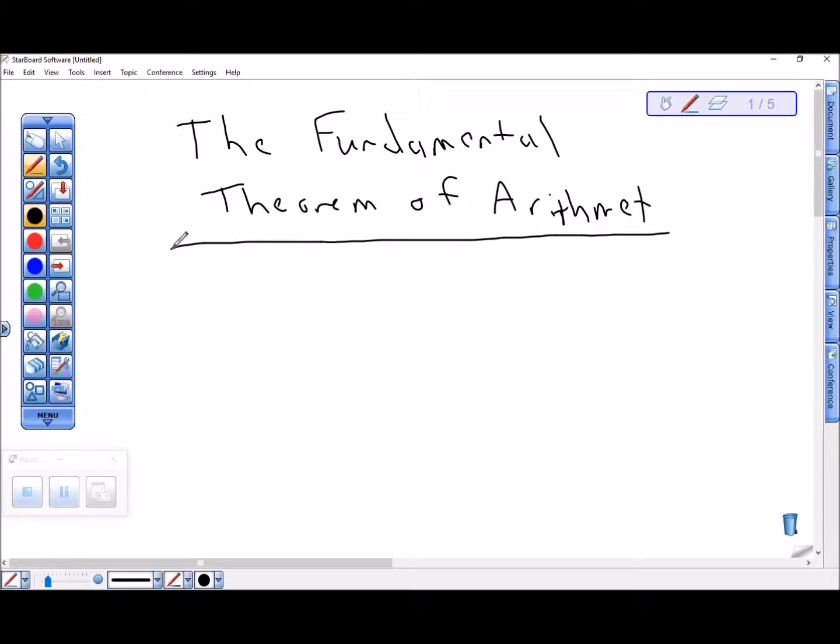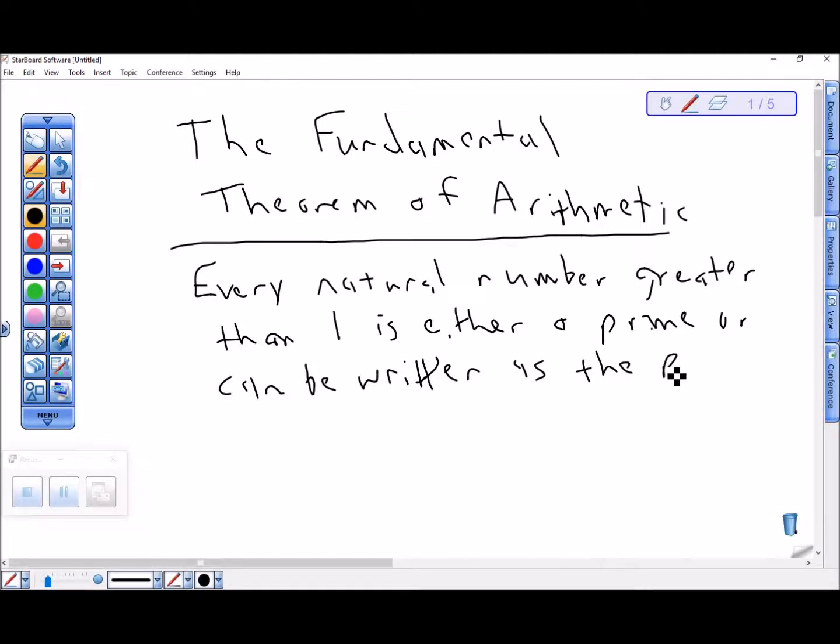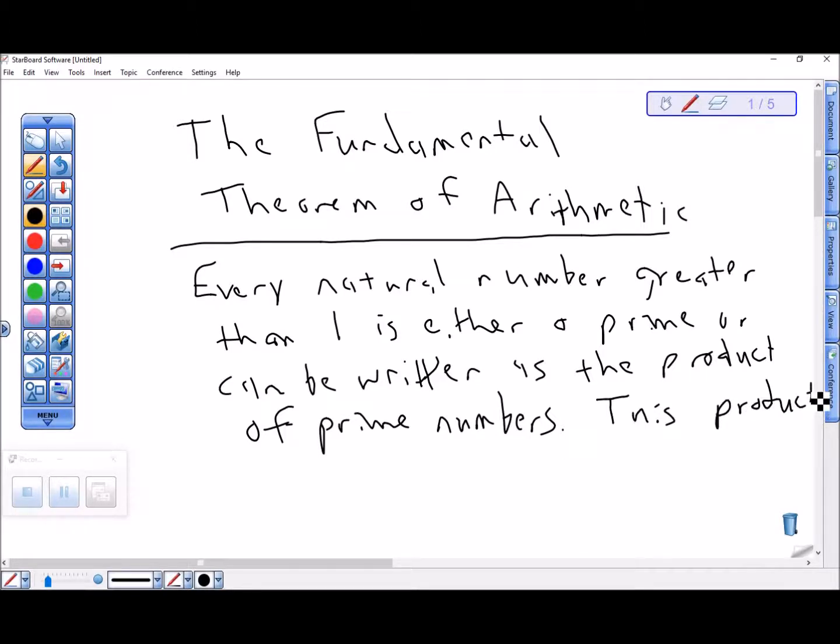And the Fundamental Theorem of Arithmetic says every natural number greater than 1 is either a prime or can be written as the product of prime numbers. It also says this product is unique.